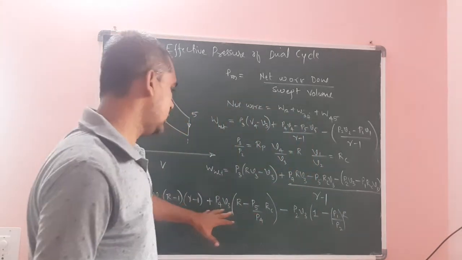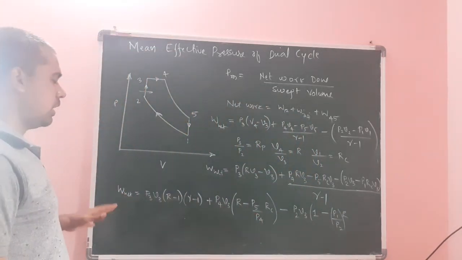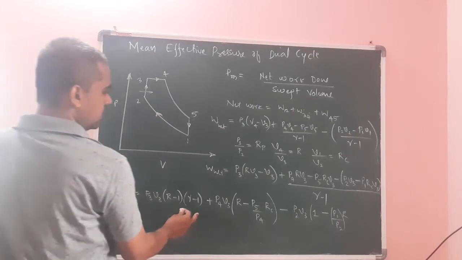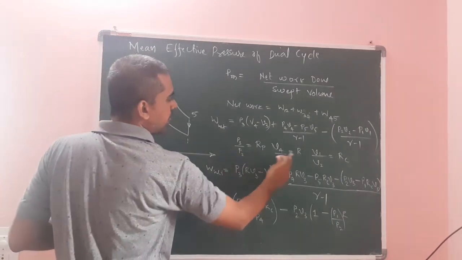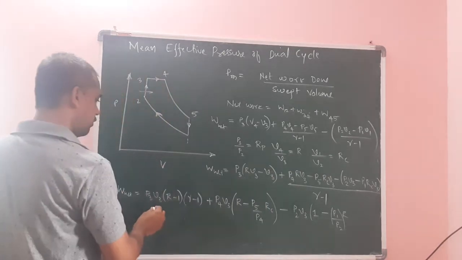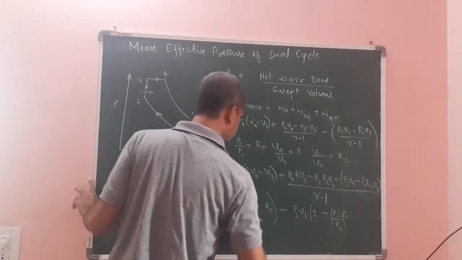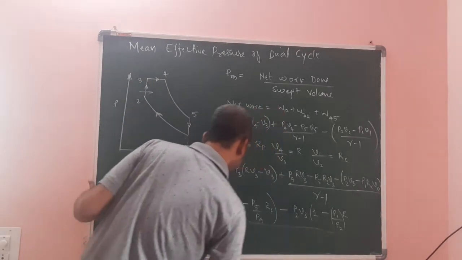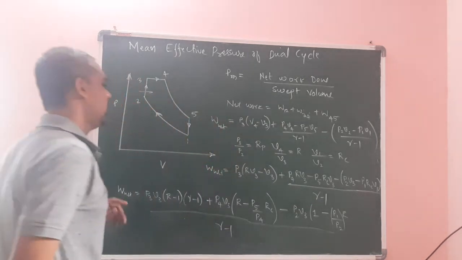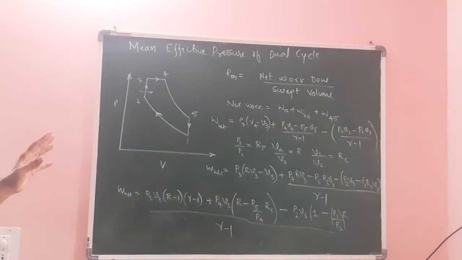Why I am taking this common is that I want to express this in terms of RP, R and RC. Therefore I am taking common, whole divided by gamma minus 1. Here we know some things, like what is P5 by P4 and P1 by P2. That we will express now.